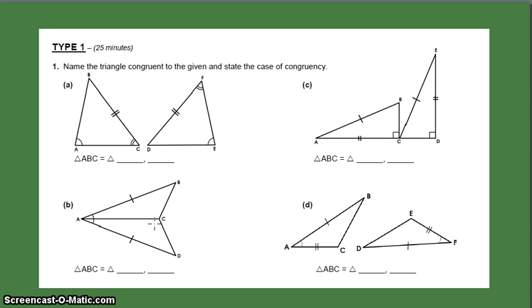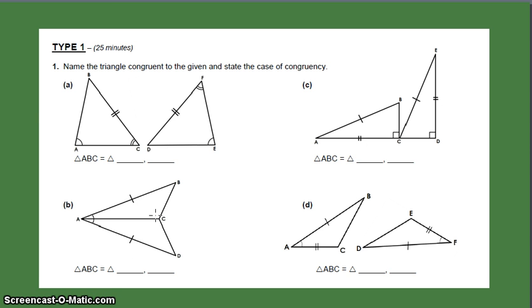So how do we know if this triangle ADC is really congruent to triangle ABC? We need to check if we can satisfy SSS, ASA, SAS, SAA, or the HL theorem.